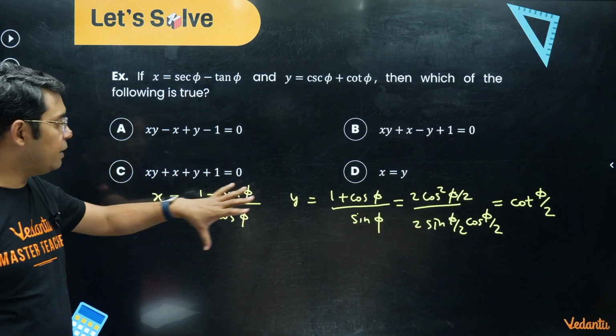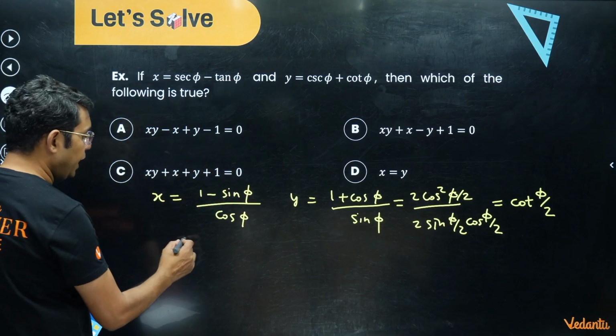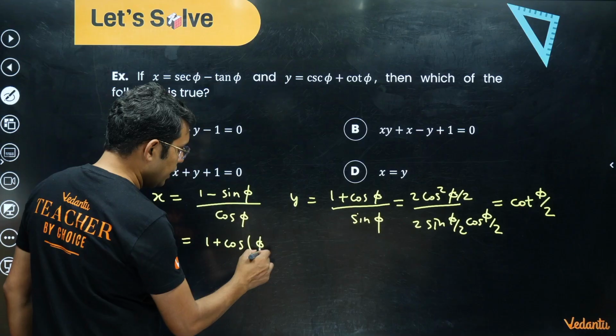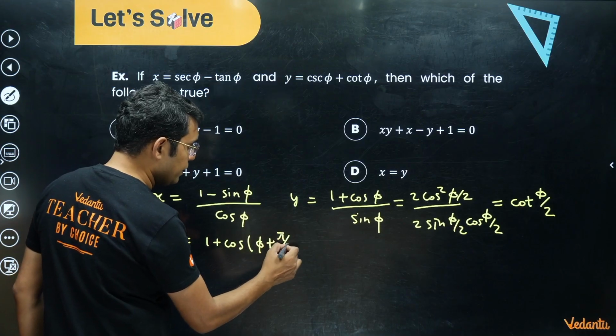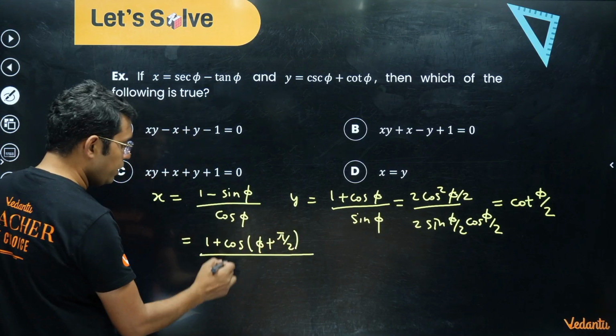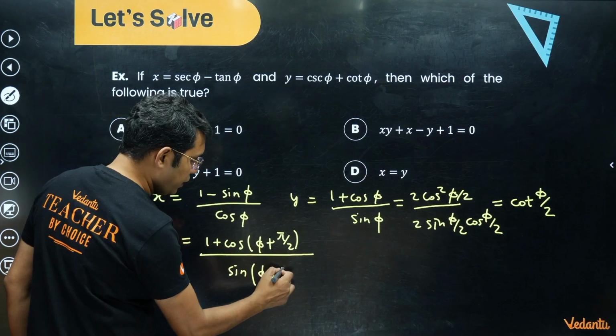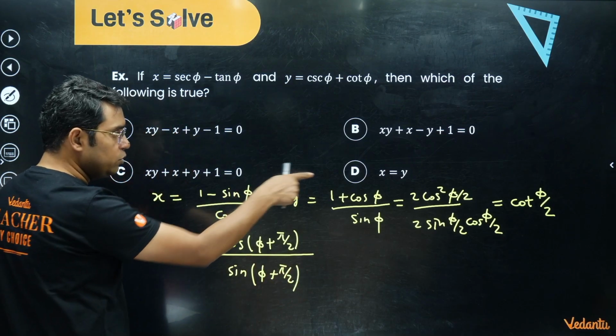Now this same thing can be applied here also, but for that I need to convert sine in terms of cos. I will write this as cos of phi plus pi by 2, and in the denominator I will write cos as sine of phi plus pi by 2. Now you can use a similar result here.